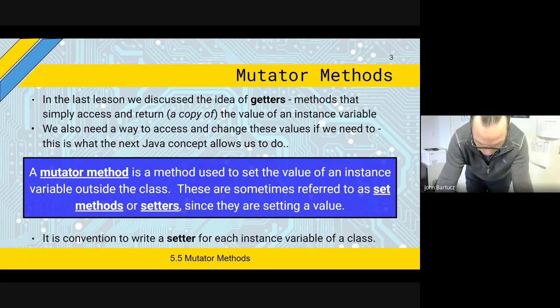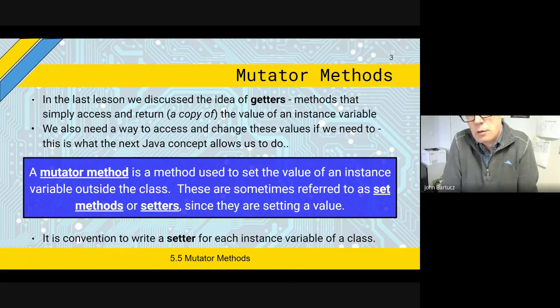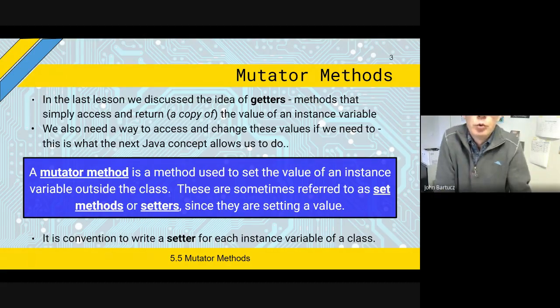You don't have to put anything inside it yet, although you can if you want. I just want to know, how would you declare your getter method to get the balance? How would you write that first line? How would you start writing a method that would give you the bank balance to anyone that asks for it? So don't type it in yet. I want to give everybody a chance to think about it.